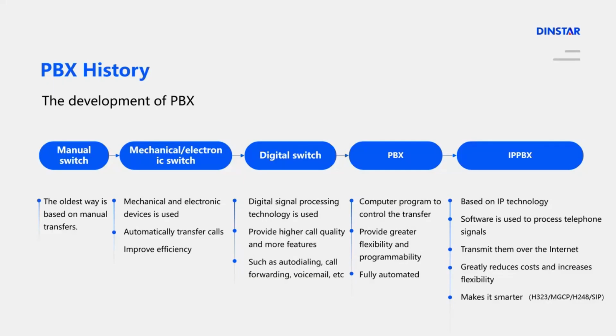Unlike the traditional PBX, the IPBX runs software over the network, supporting voice, video, conferencing, and more, all in one system. It uses protocols like SIP, the most widely adopted standard today, and H323, MGCP, or H248 to enable flexible and cost-saving communication.